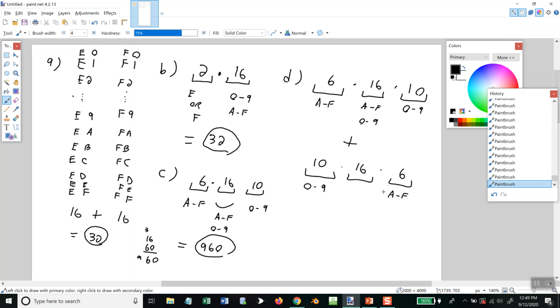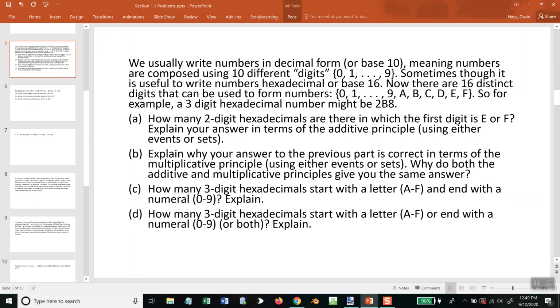And this would still be 16 in the middle. So this one's 960, and this one would be 960. I think that's right, assuming I'm interpreting what they mean by that. That's my best guess. I'm not always good about reading items closely and understanding what the author's original intent was.